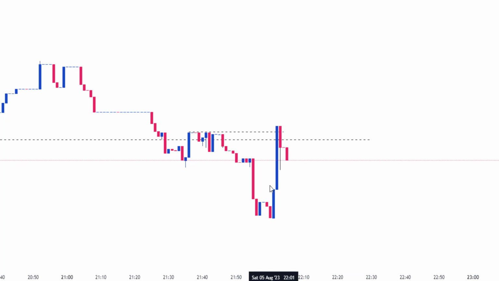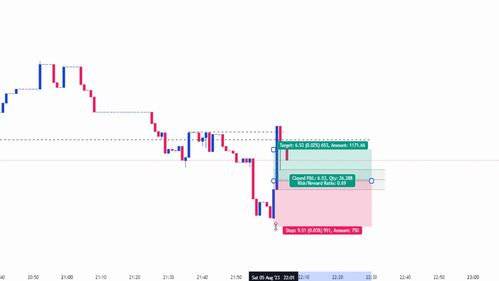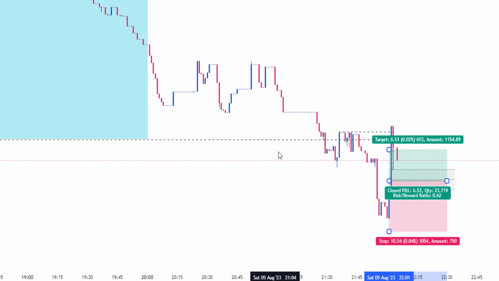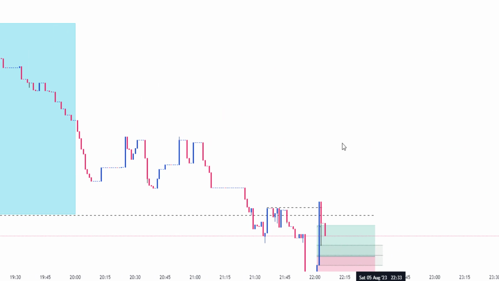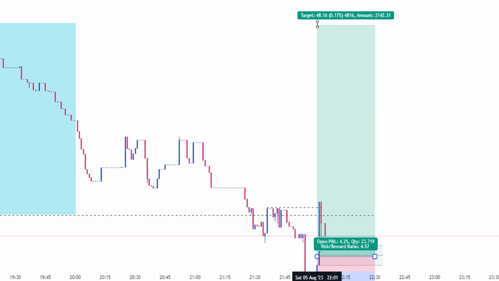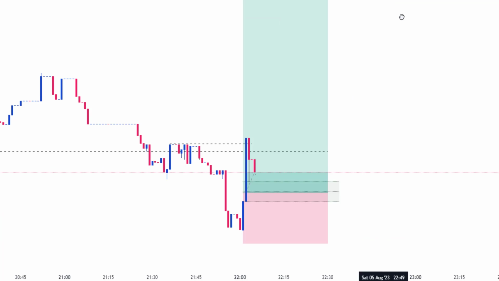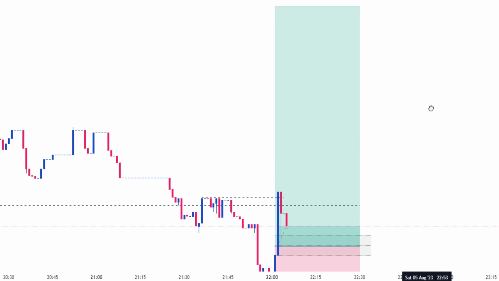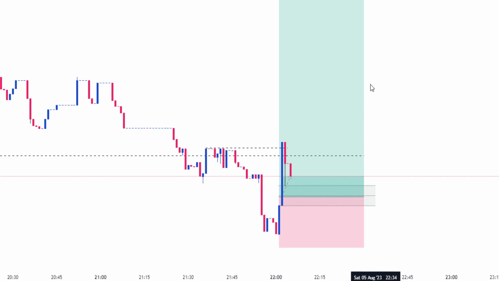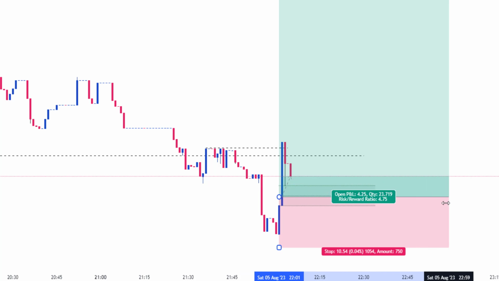This guy, or let me start from this guy, and then this guy. That is your fair value gap, and this is where your entry is right here. Your stop loss is obviously below here. And where are we targeting? We are targeting the high right here, the opposing liquidity. This is always the way you should trade this simple crypto strategy.